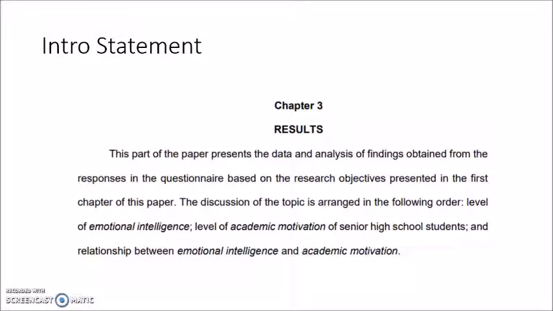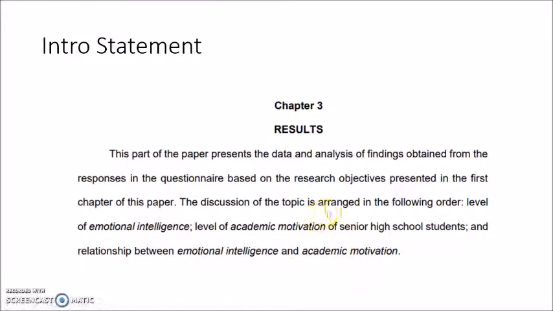The second objective is about the level of your second variable. So, expected that in your results part, the second part of your results should be the level of your second variable. And also, the third part would be about your third research objective, which is on the relationship of your two variables.